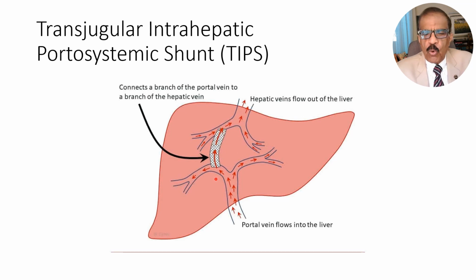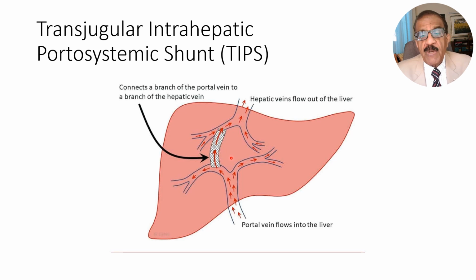And this is of course a very, very advanced procedure. I think two doctors, one passes through this one and the other through this one, and then with fluoroscopic technique they place this shunt. And what is the advantage of TIPS over conventional portosystemic shunts? That this is externally adjustable. Now, one of the problems with portosystemic shunt is that there may be too much shunting, and I'll explain that in the next slide.